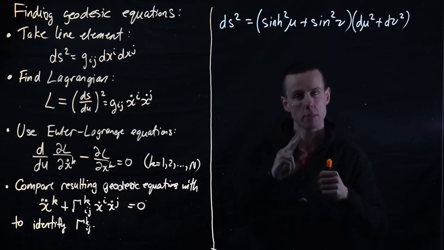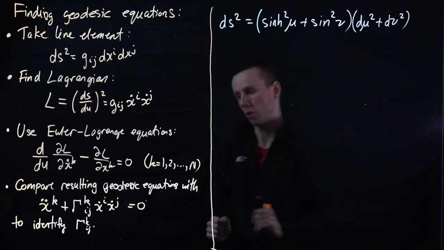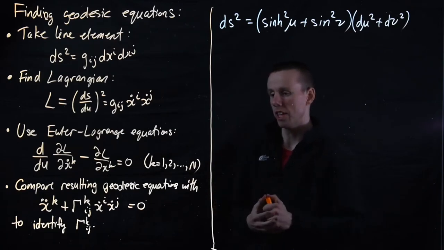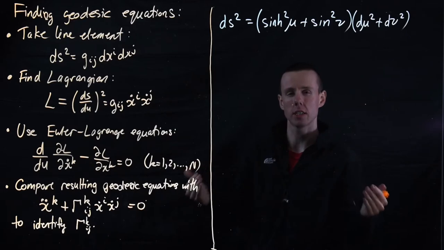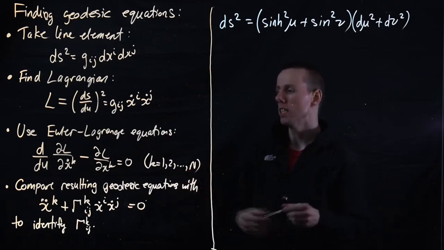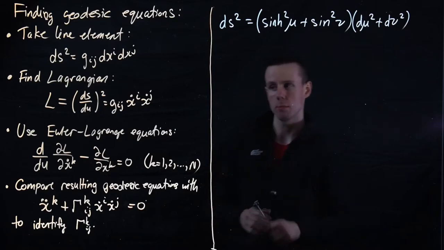So that was the second method for finding Christoffel symbols. But now we're going to do it this way, and we shall hopefully see that this is the quickest way. Not always totally easy, there can still be some messy differentiation we have to do, but it's the quickest way to get all of the Christoffel symbols.